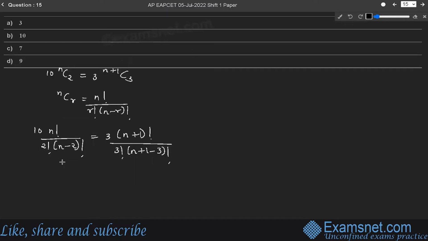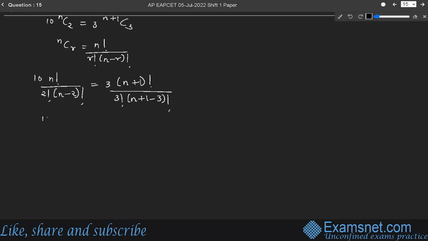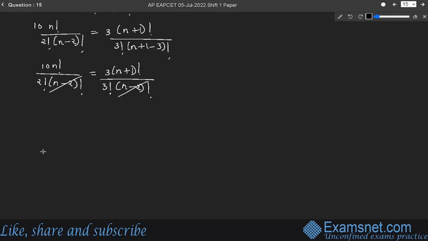On further solving, it will be 10 into n factorial divided by 2 factorial into n minus 2 factorial is equal to 3 into n plus 1 factorial divided by 3 factorial into n minus 2 factorial. n minus 2 factorial and n minus 2 factorial will be cancelled.